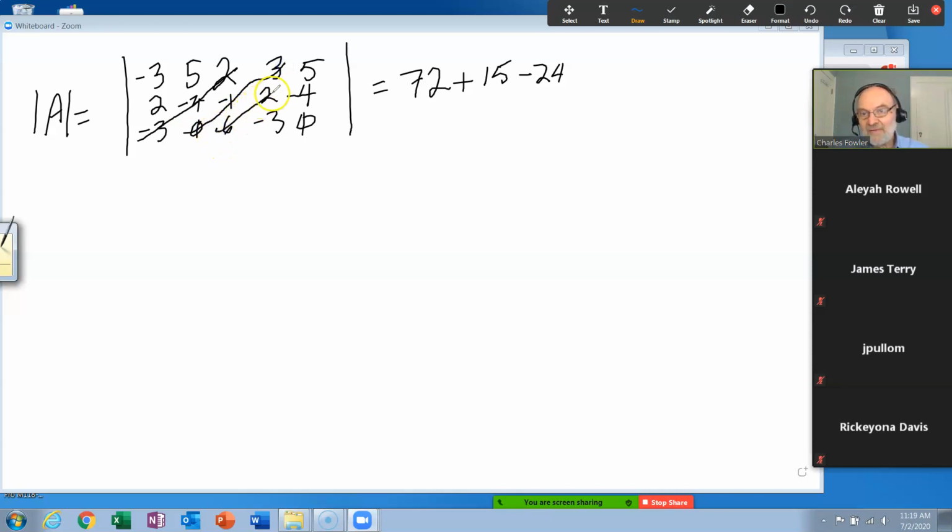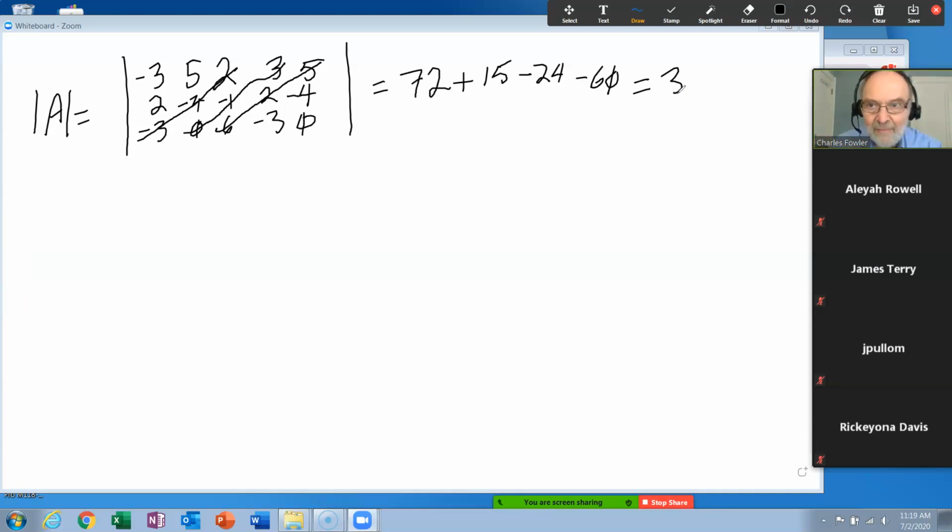And this one is 10 times 6 is minus 60. Okay, well 72 minus 60 would be 12, and 15 and -24 would be -9, so 12 minus 9 is 3. There's your determinant, 3. At least in my quick doing it, it is.